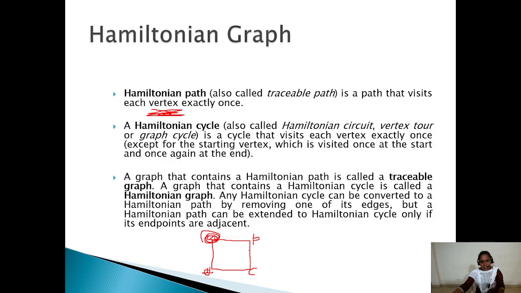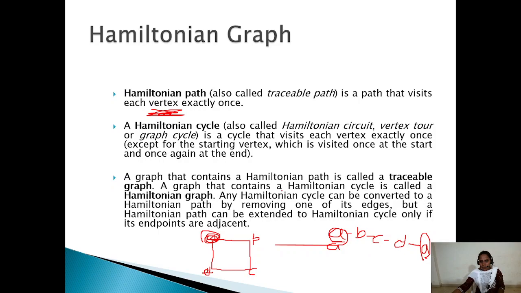A goes to B, B to C, C to D, D to A. A is a repeated vertex, but there is no problem. Why?